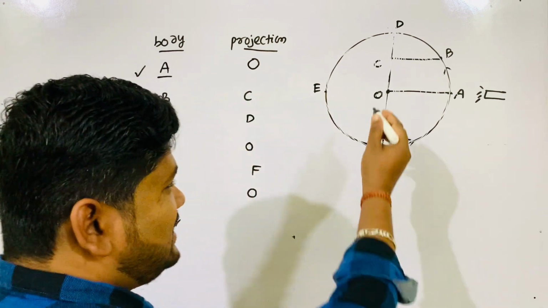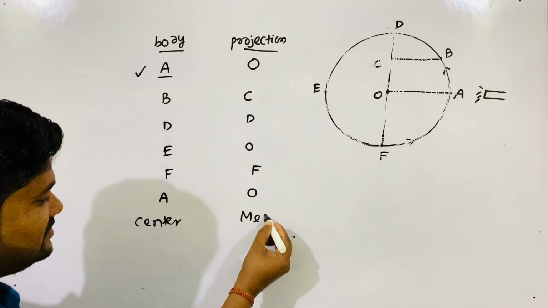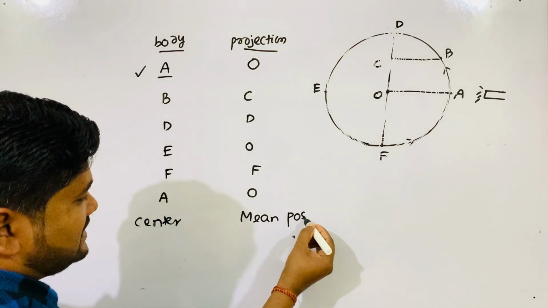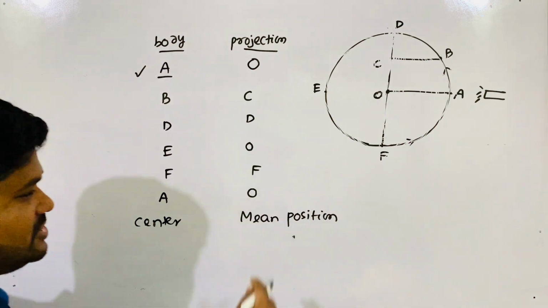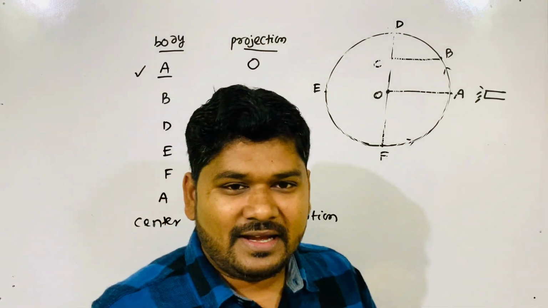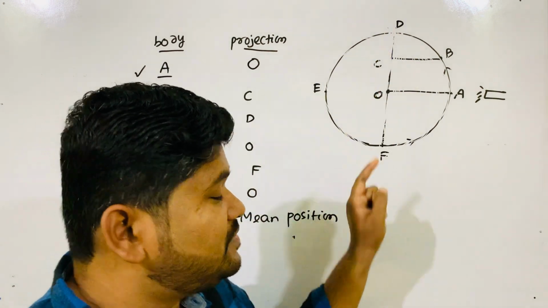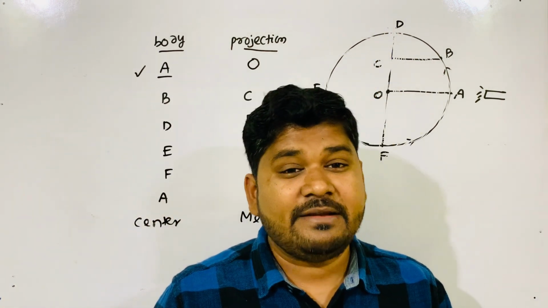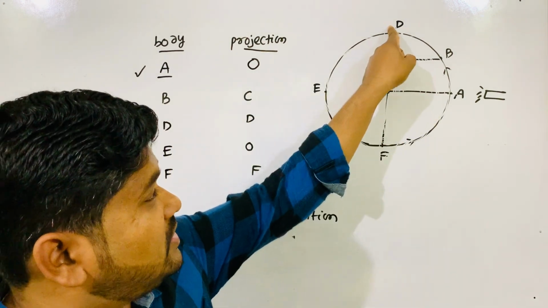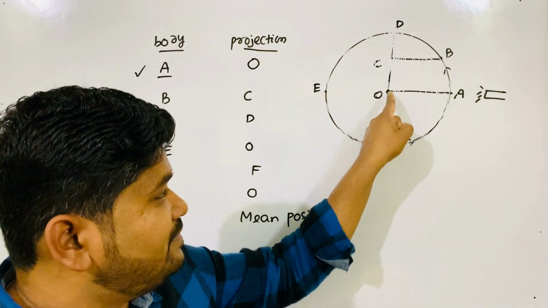That O is called the mean position. And these extreme points up to which the body maximum moves are called the extreme positions. These two are the extreme positions and this is the mean position.